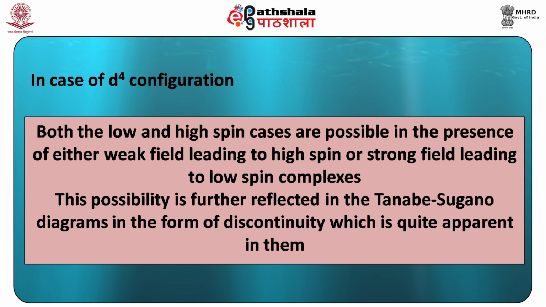When we talk about a d4 configuration, both the low and high spin cases are possible in the presence of either weak as well as strong field, leading to the high spin or the low spin complexes. This possibility is further reflected in the Tanabe-Sugano diagrams in the form of a discontinuity, which is quite apparent in them.